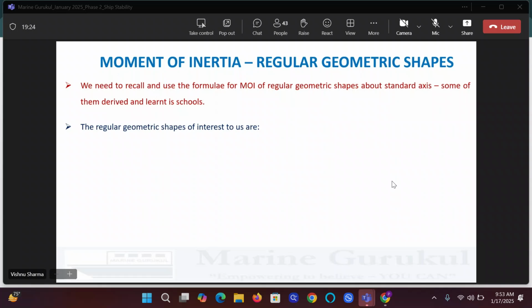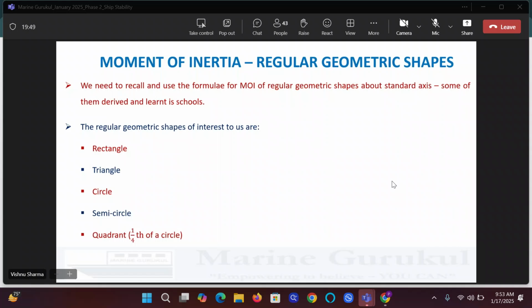The regular geometric shapes of interest to us, as far as our exams are concerned, are rectangle, triangle, then circle, then semicircle, and the quadrant. These are the 5 regular geometric shapes which could be part of our questions.